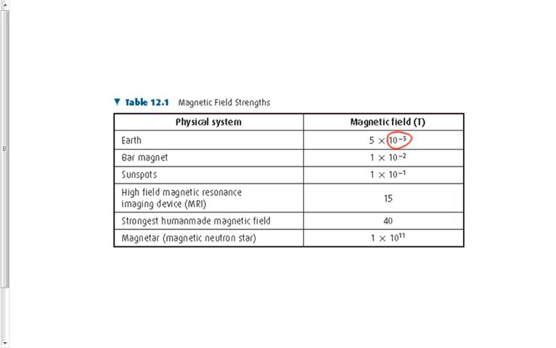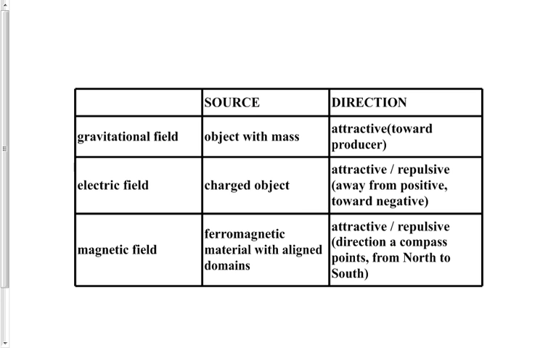Okay, you don't need to remember that a bar magnet is 10 to the minus 2 and the magnetar is 10 to the 11 and an MRI is 1.5 times 10 to the 1 Tesla. You don't need to remember those numbers. Just remember that, look, an MRI is strong. Okay, it's much stronger than a bar magnet, which in turn is much stronger than the Earth's magnetic field. So kind of remember roughly what's stronger than what. Okay, but don't lose any sleep over remembering the details of this chart that we saw there.